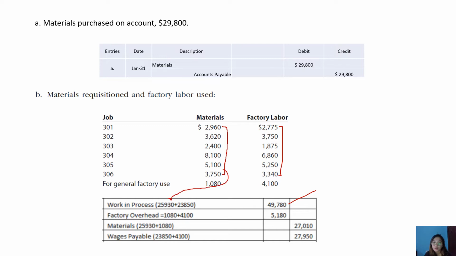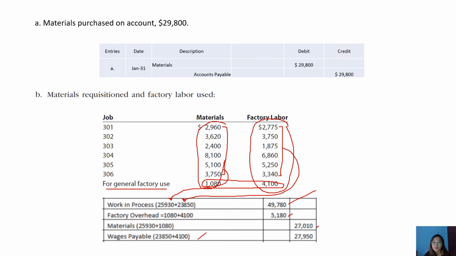So this is a total of 25,930, and then 23,850. When we say general factory use, this is what we call the factory overhead. So debit factory overhead 5,180. And then the materials, to get the amount 27,010, we should add all the direct materials, including the factory labor, factory overhead, and also for the wages payable, this one.